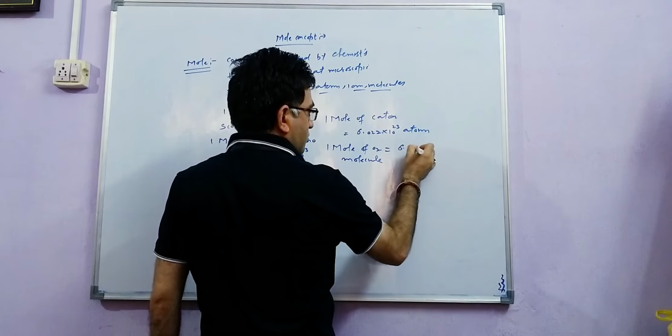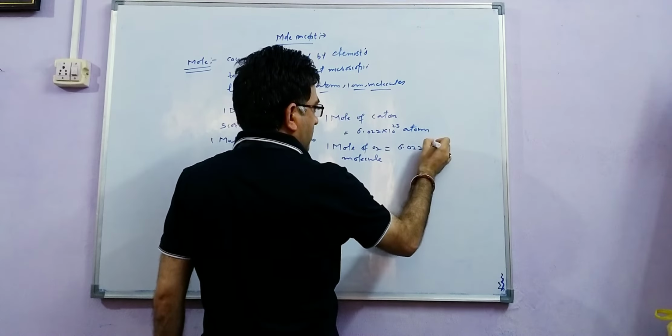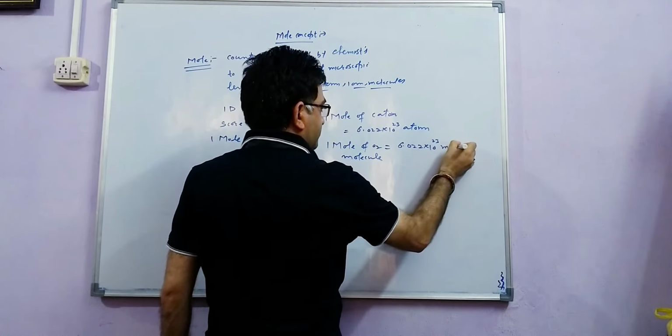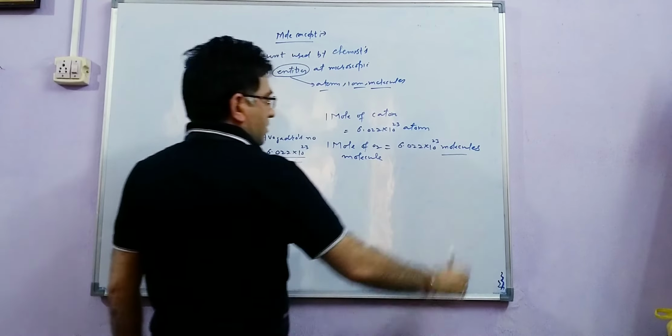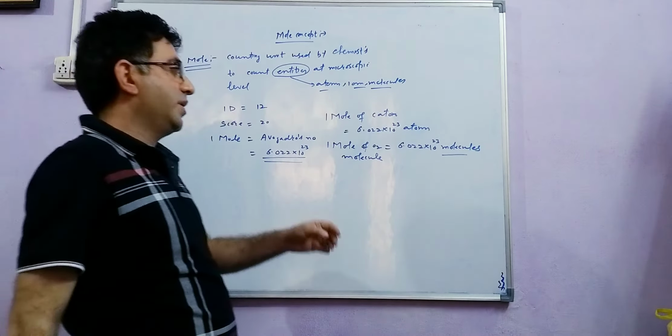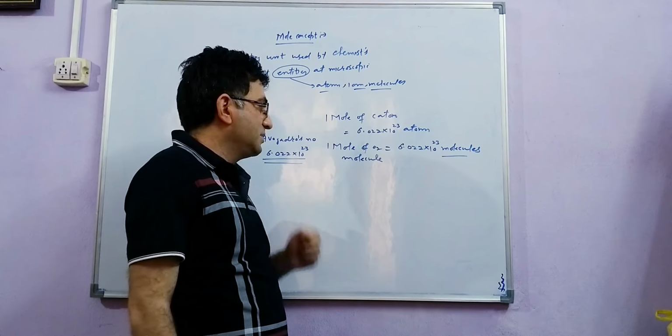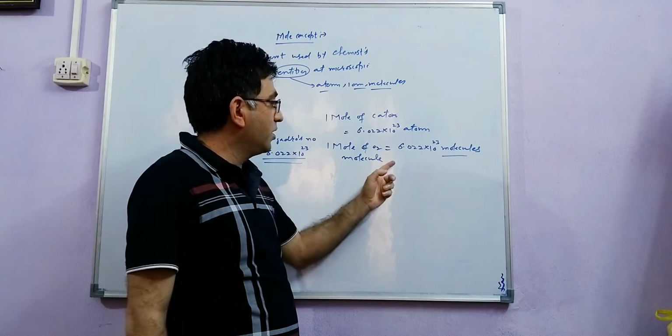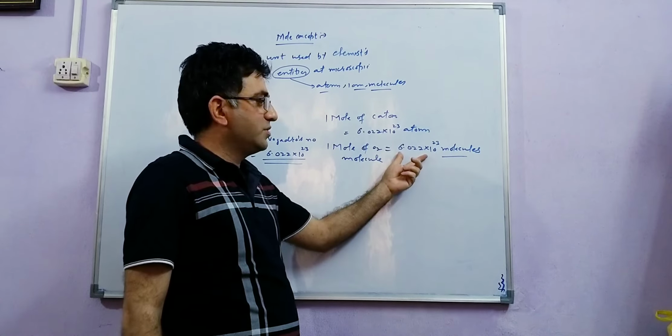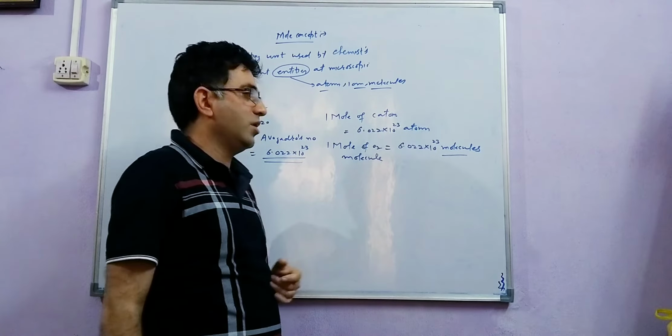That is 6.022 into 10 raised power 23 molecules. So 1 mole of carbon atom means 6.022 into 10 raised power 23 atoms, and 1 mole of O2 means 6.022 into 10 raised power 23 molecules of oxygen.